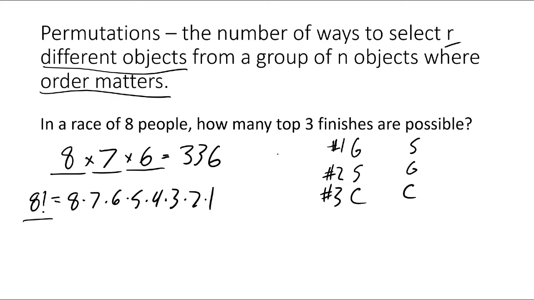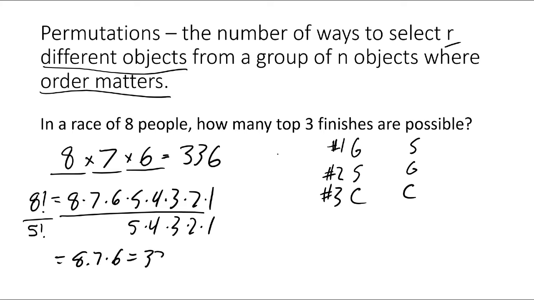So we can just divide out 5 factorial. Everything there divides to give us 1, the 5s, the 4s, the 3s, the 2s, the 1s. So we're just left with 8 times 7 times 6, which is 336, which is exactly what we wanted.